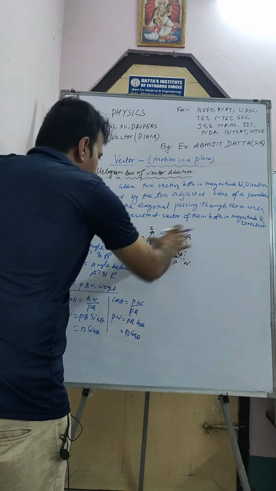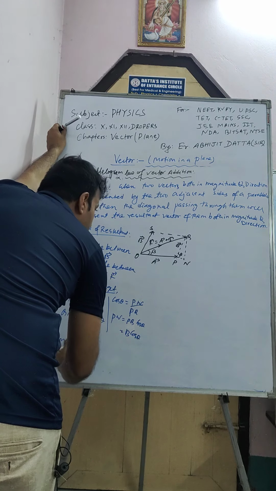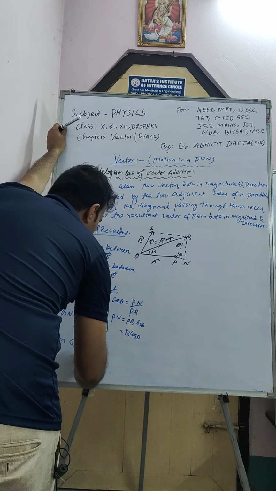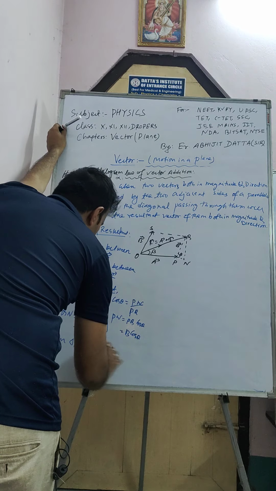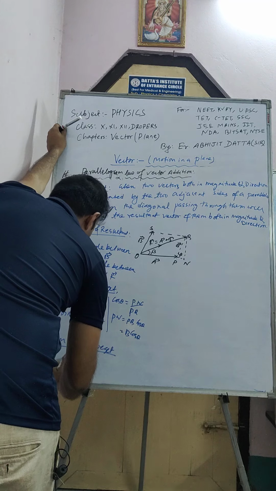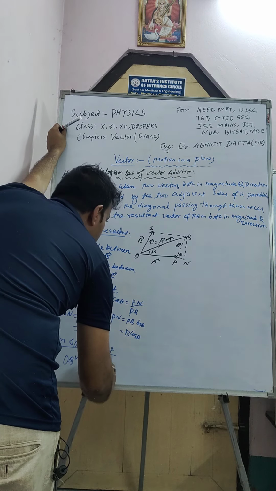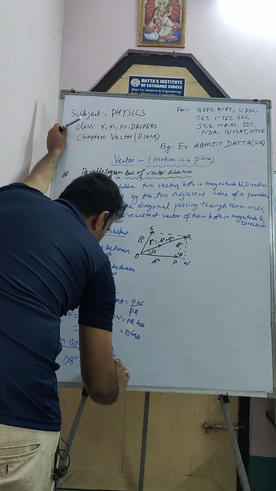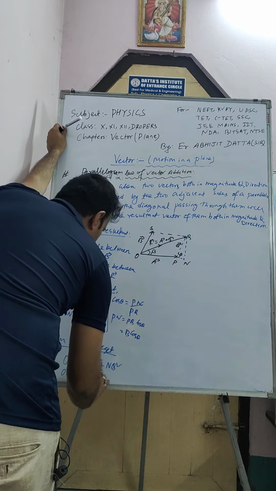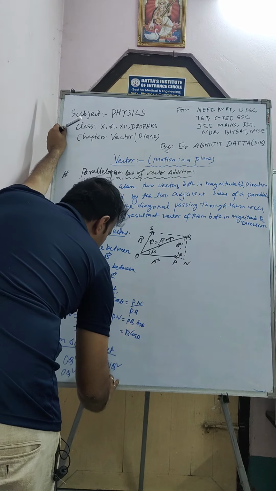Okay, now take the triangle ONQ. So what we get here? We get OQ square equal to ON square plus QN square. Okay, so OQ square, ON square, we can split this one into OP plus PN, is not it?